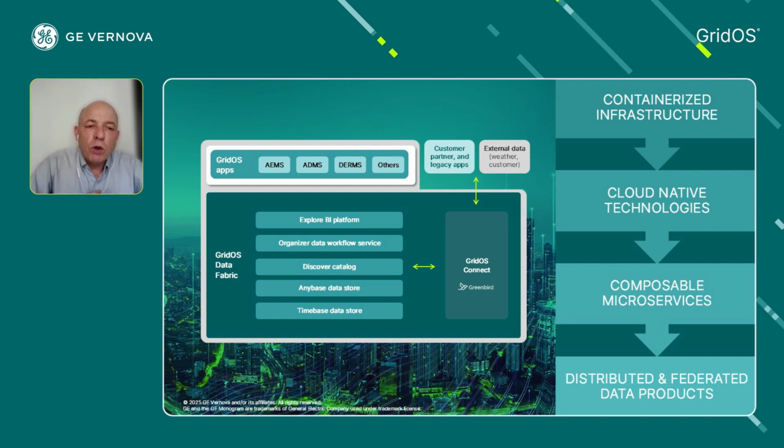And all that together is great, but sitting on top of this we also have a self-service Explore BI platform, which enables you to build up your dashboards and access information about the Discover catalog, and really self-serve access to data, as well as provide a platform for visualizing that data as it exists in the data fabric.